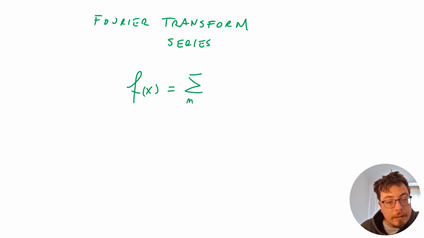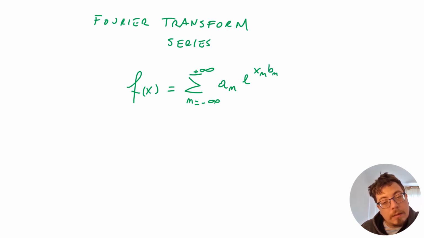And then you sum from minus infinity to infinity of some coefficient, and there is an i here. Okay, good.